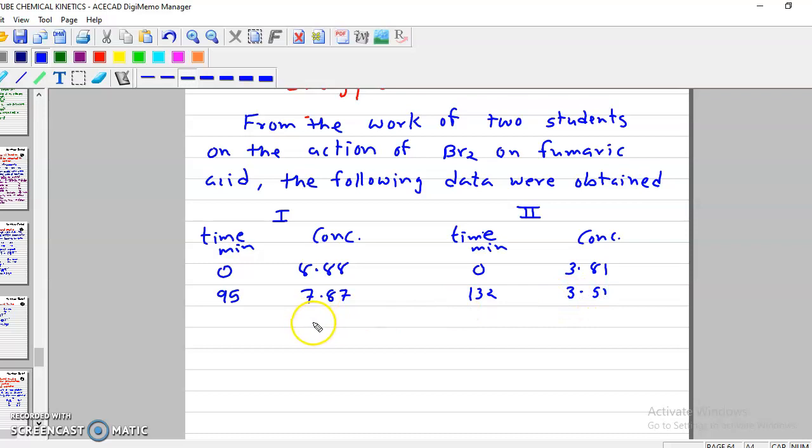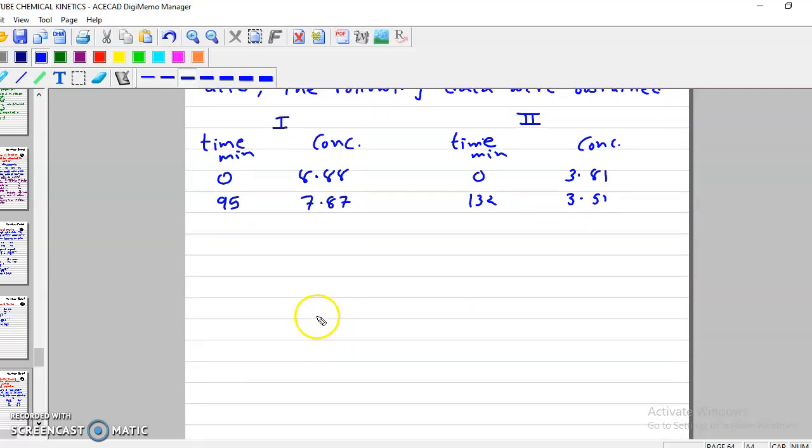Some more information is given, like mean concentration.